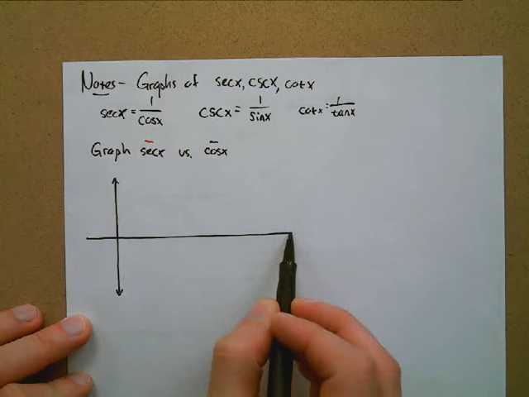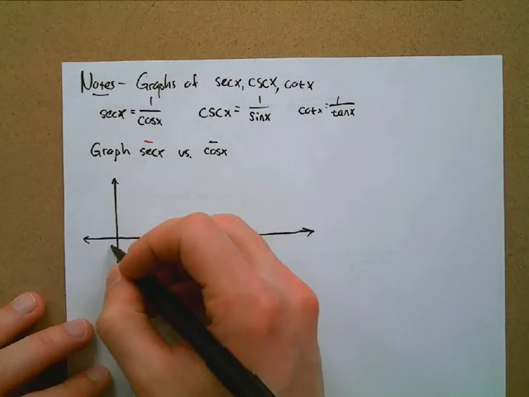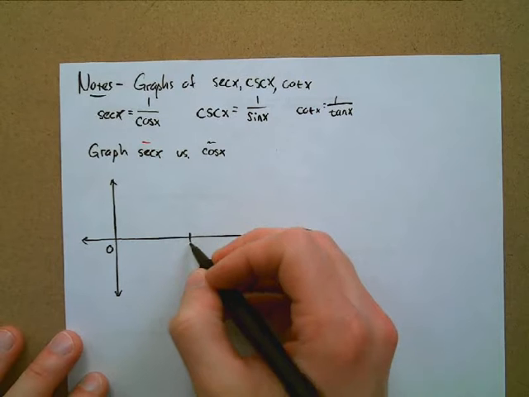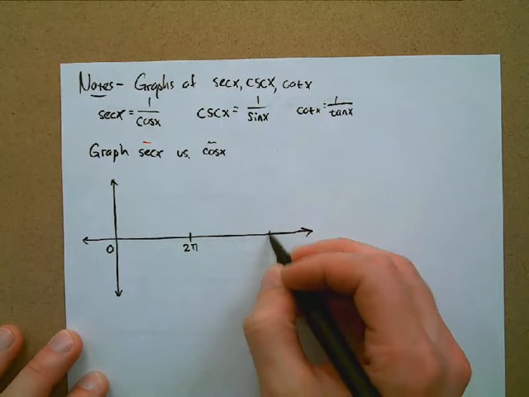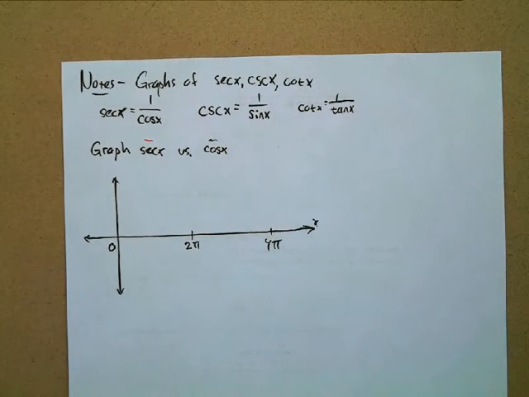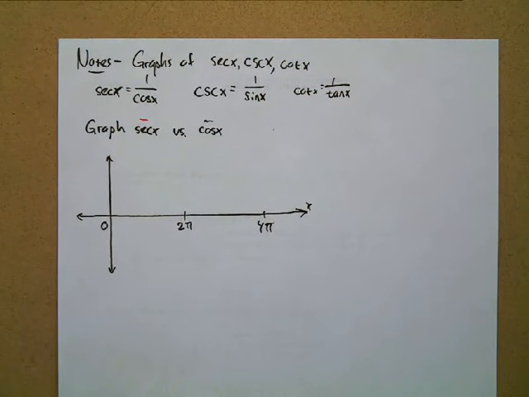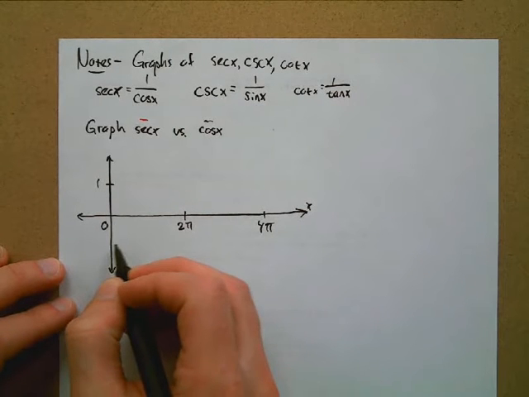Cosine starts at 0, goes to 2 pi for 1 full period, and then we'll go out to another 4 pi to get the 2 full periods in. Remember, the amplitude is 1 and there's no vertical shift, so we're going from -1 to 1.